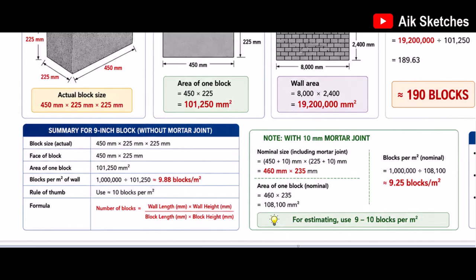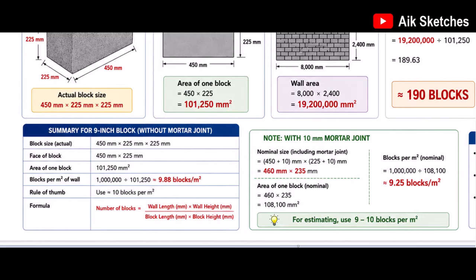Now, blocks per meter squared of wall. Blocks that are occupied in a meter squared of wall is 1 million divided by 101,250, which is equal to 9.88 blocks per meter squared, which is approximately 10 blocks per meter squared.